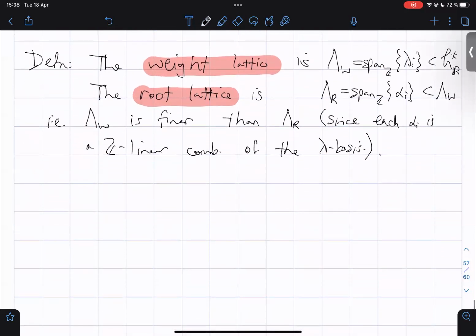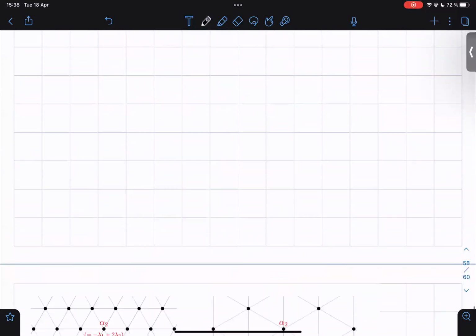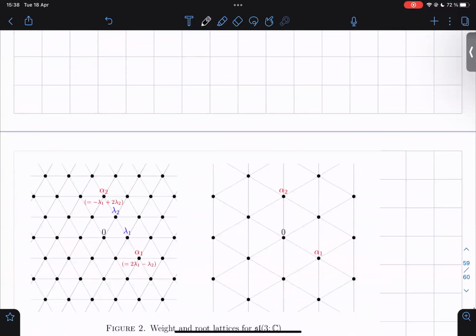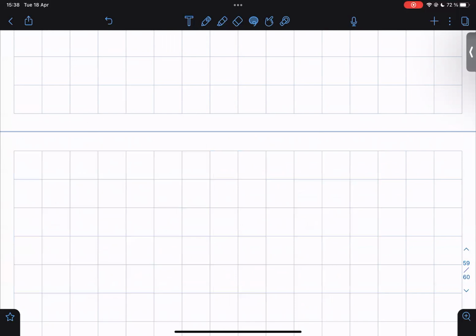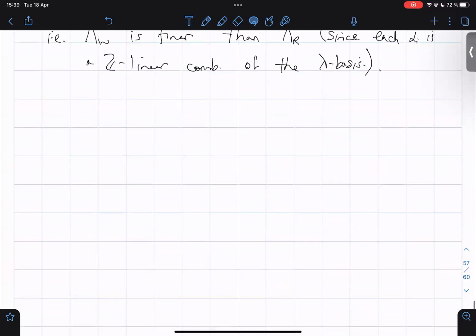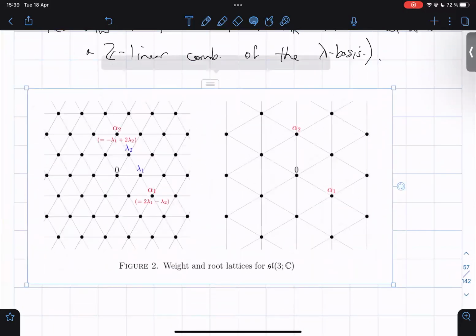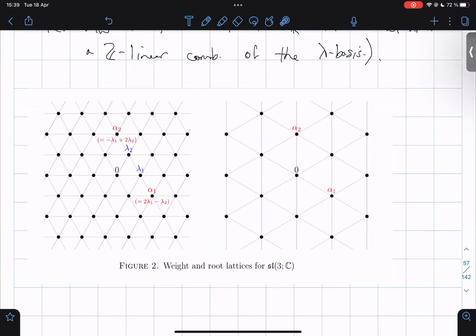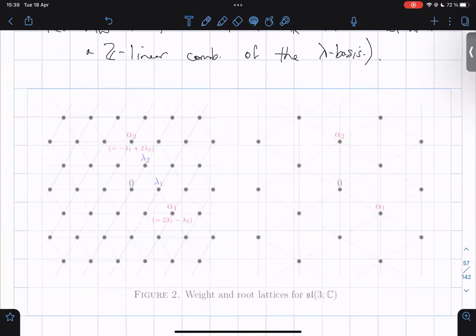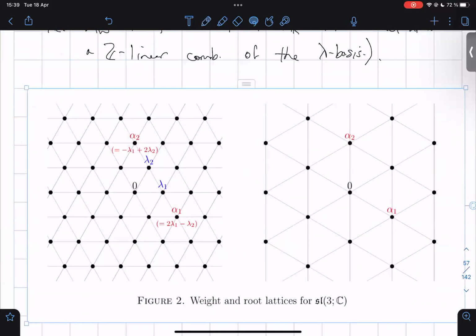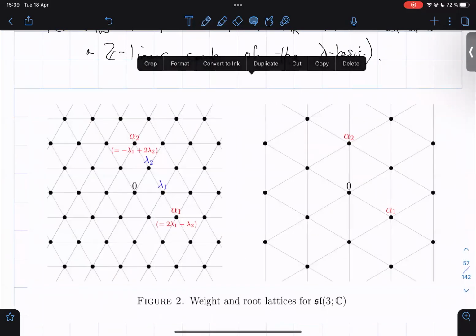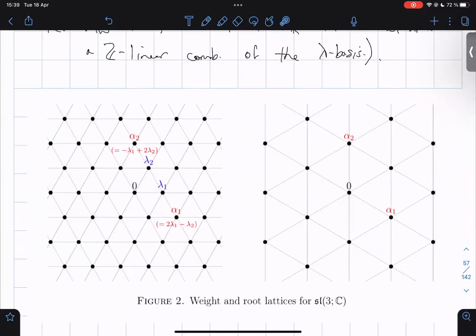So let me give you a picture. On the left side here, what you see is the weight lattice.